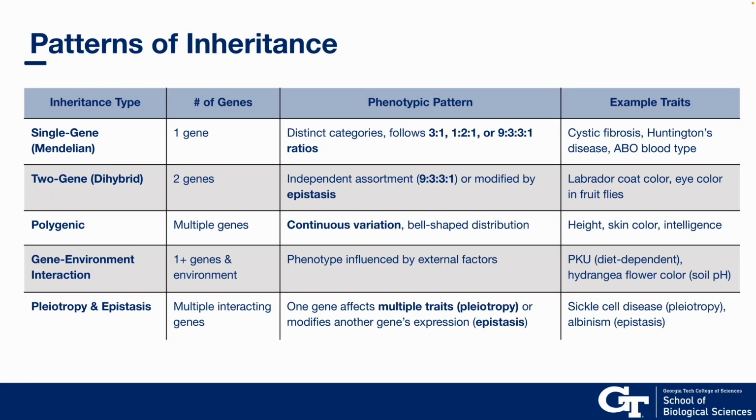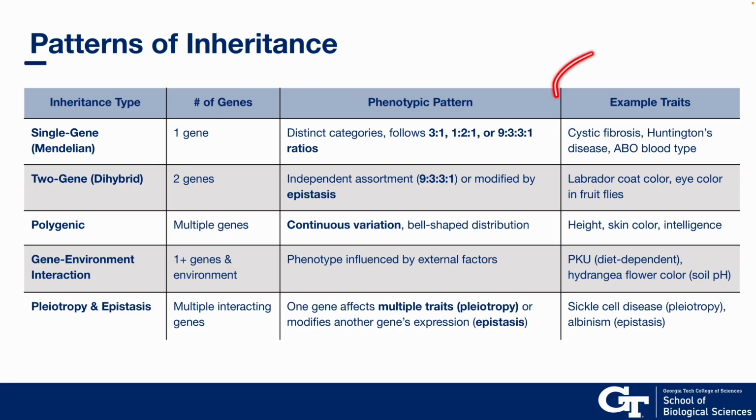And then here is a little chart I made about the different patterns of inheritance, starting with Mendelian and going to the different types that we learned. The idea here, I would just memorize, hey, what is the pattern we see in this? And how many genes are we working with, right? Because with Mendelian inheritance, we're either working with one gene in a monohybrid setting or two in a dihybrid setting.